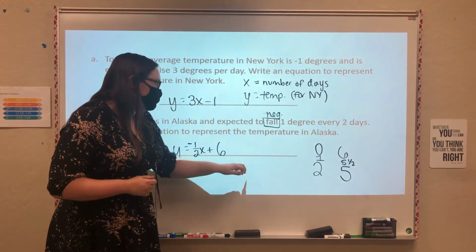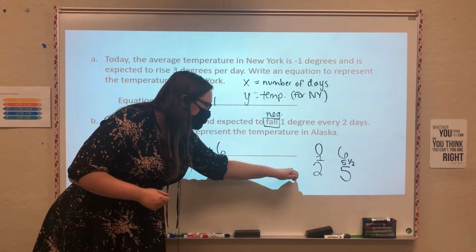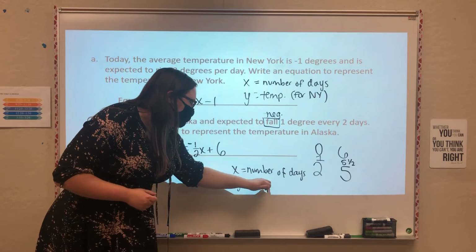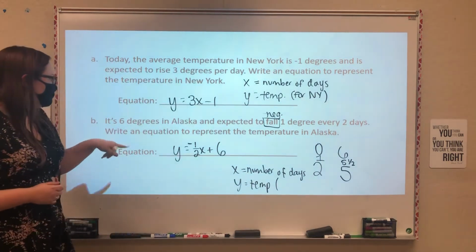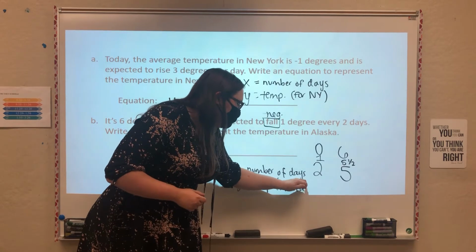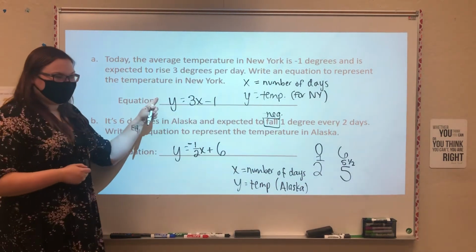Let me put that. X is the number of days. And then Y is our temperature. But this time it's the temperature in Alaska. So looking at what we've got written down, if I wanted to put this all together, I've got 2 equations.